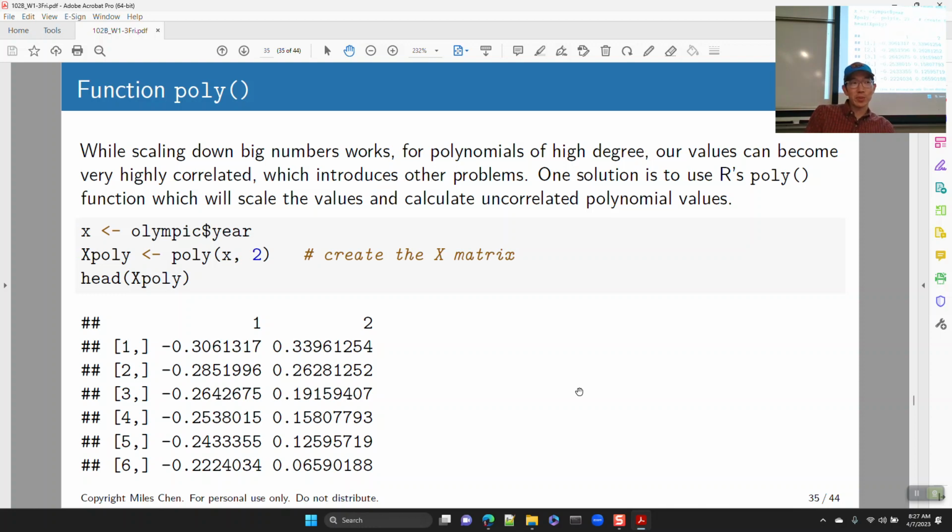and so one way to avoid that is we can use this function poly. Poly scales the values, so you end up having these uncorrelated polynomial values.